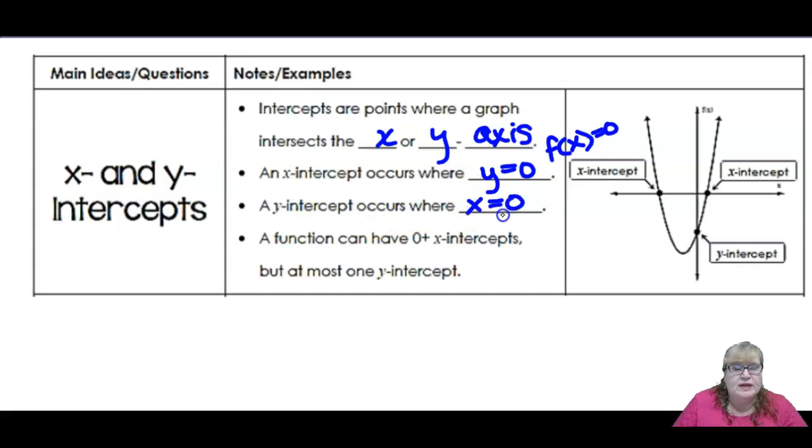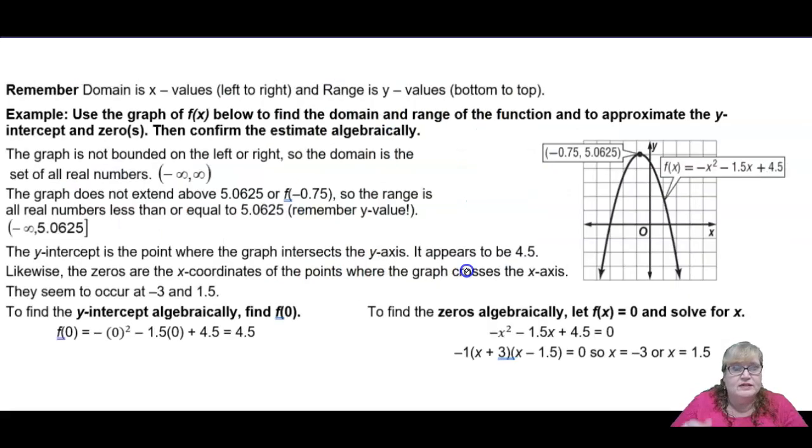In other words, when you plug an x value of 0 in. A function can have 0 or more x-intercepts. So it could have 2, 3, 4, multiple x-intercepts, but if it's a function, it can only cross the y-axis once. Kind of the vertical line test.